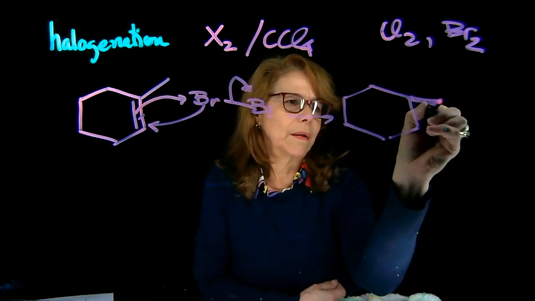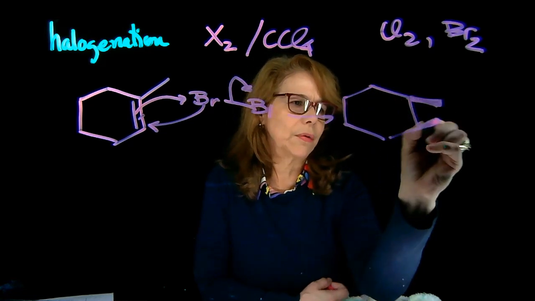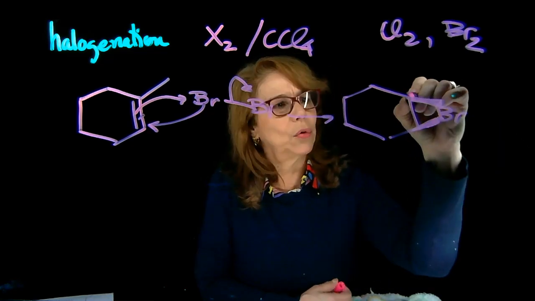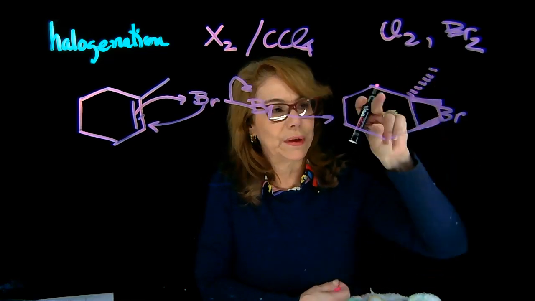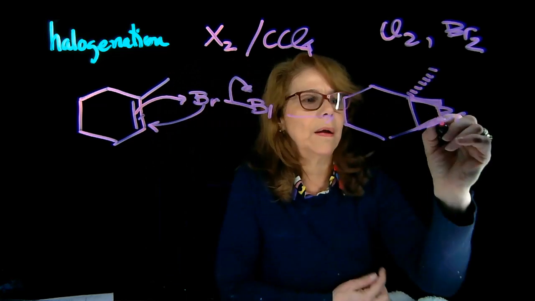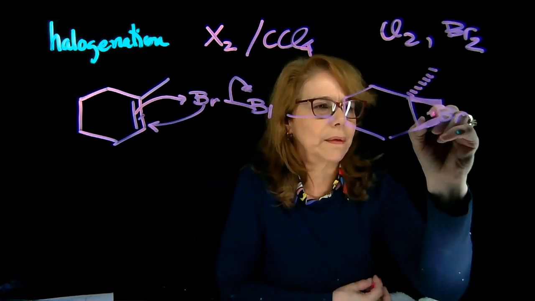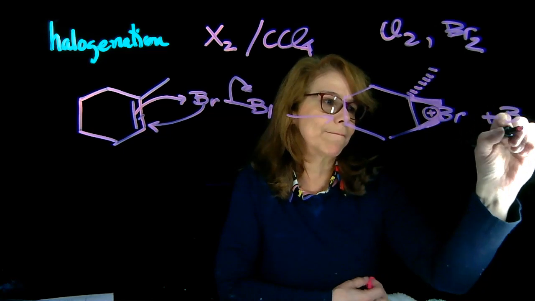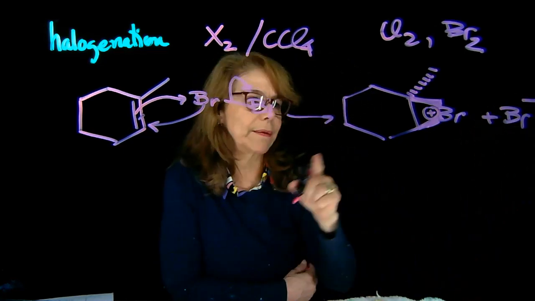Say that this approaches on the top side. The intermediate is called bromonium, and you will have here a methyl group. So if this is forming on the top, and this is positive here, the methyl will be on the wedge. Of course, you have bromide after you do that.